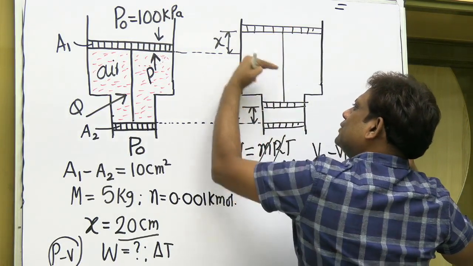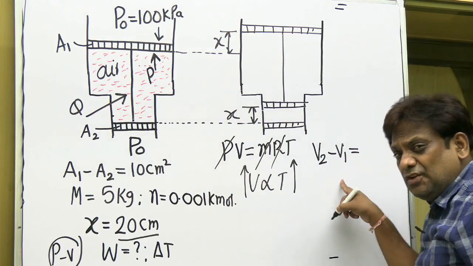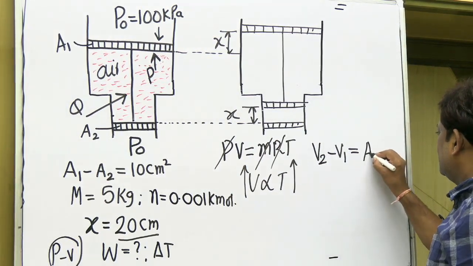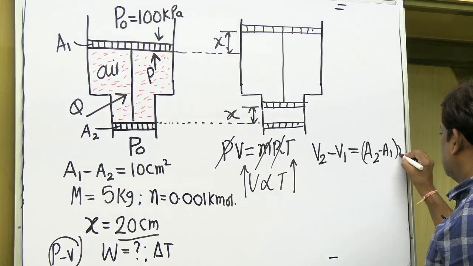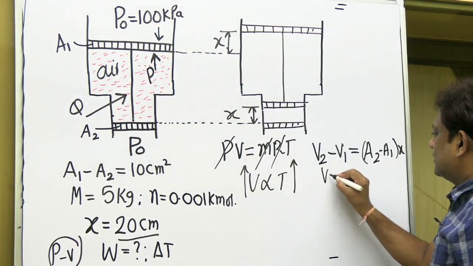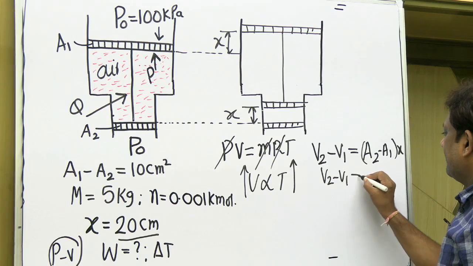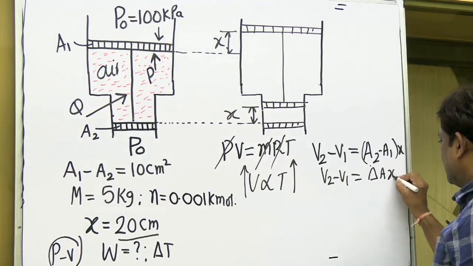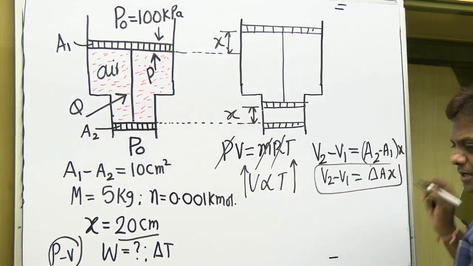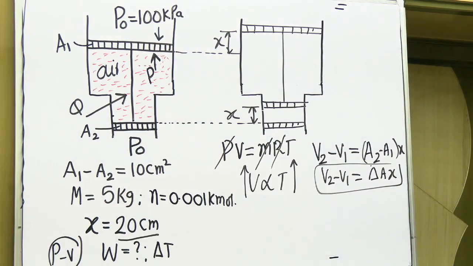So the change in volume is change in area into distance moved, that is x. So I will write this as change in volume, A2 minus A1, is delta A into x. Okay, no problem at all. This is my equation. Now let's move forward.